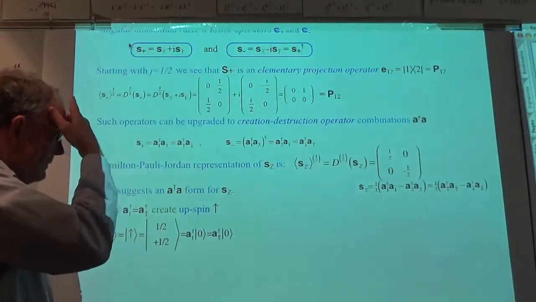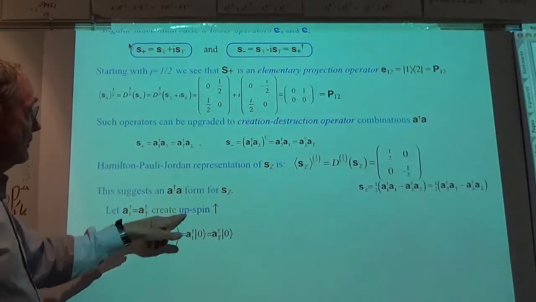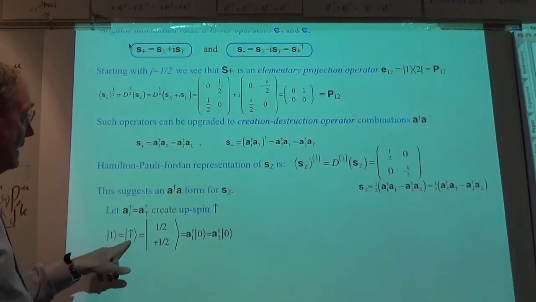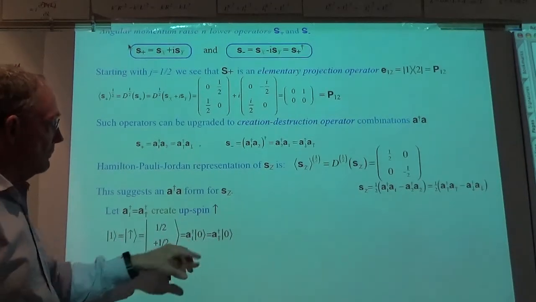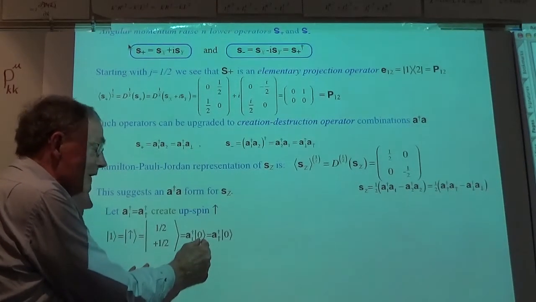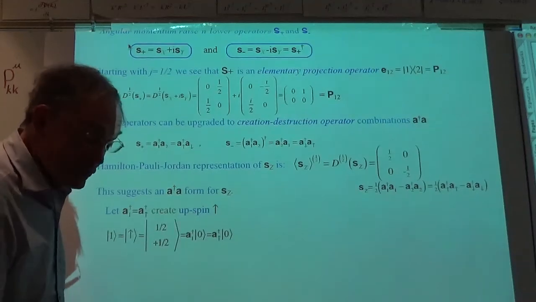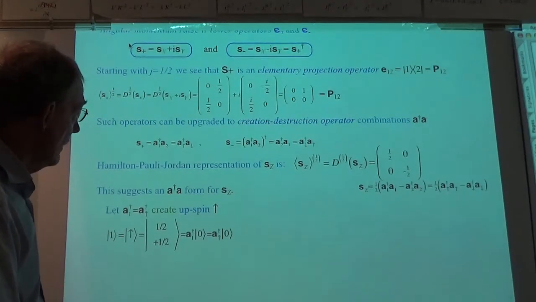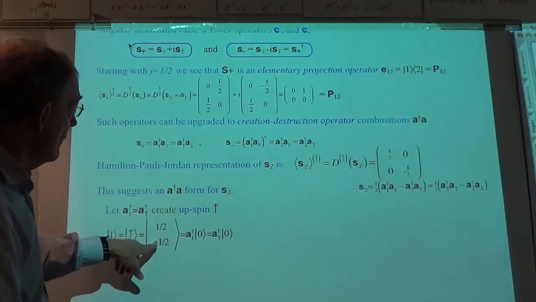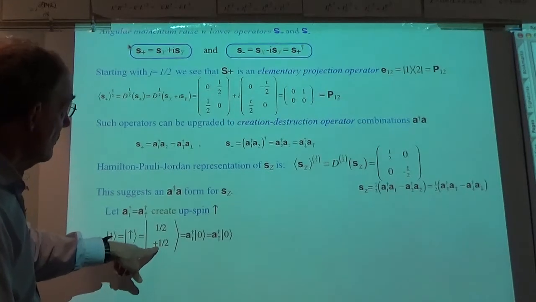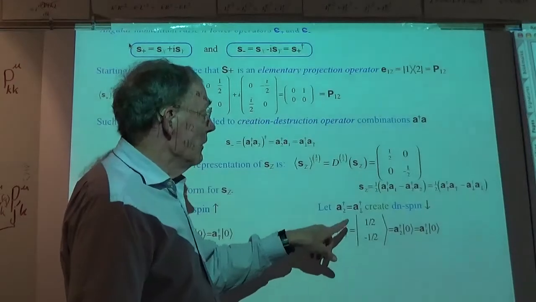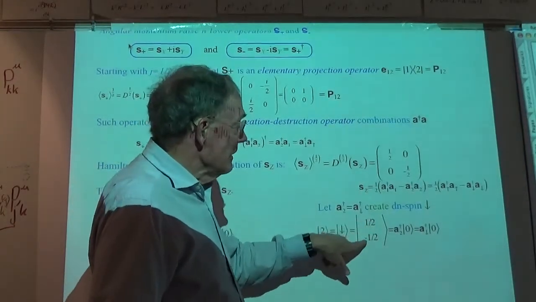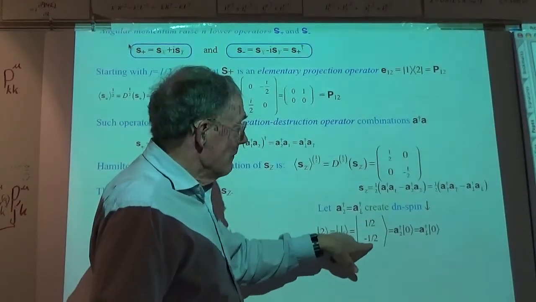So here, once again, I create a spin up using a creation operator on the vacuum. Should really be writing 0, 0 here, but we'll just use shorthand. So there would be the spin 1/2, with z component plus 1/2. There'd be this total 1/2, and then the z component minus 1/2.